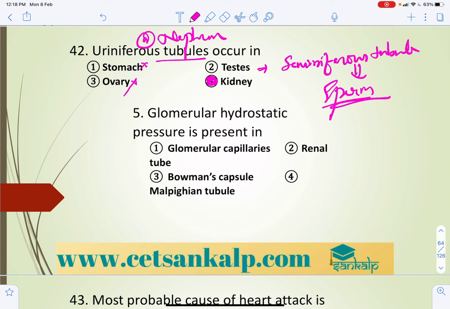Spermatogenesis. Glomerular hydrostatic pressure, right. Whenever we say this, the pressure is exerted mainly, as I mentioned, because of the water present in the glomerular capillary. So here we can take none of the above.